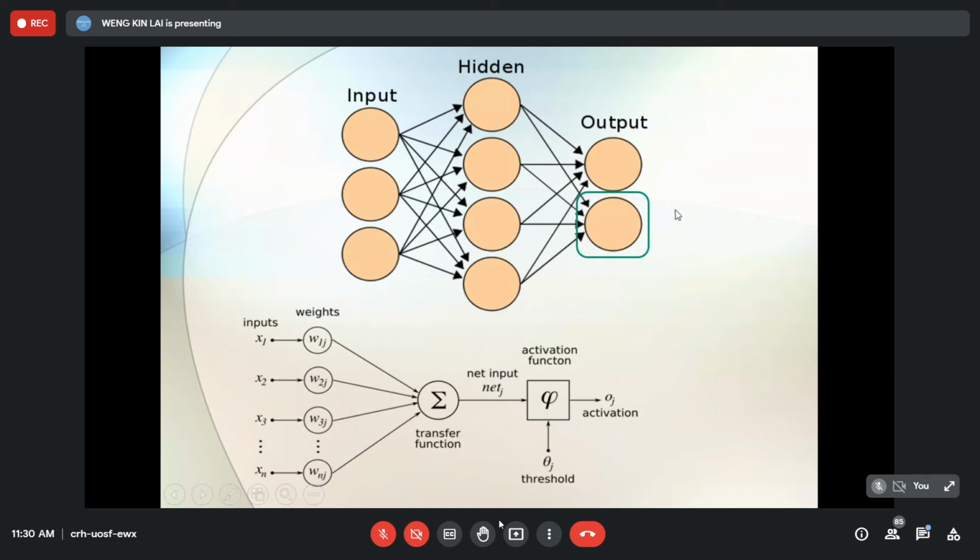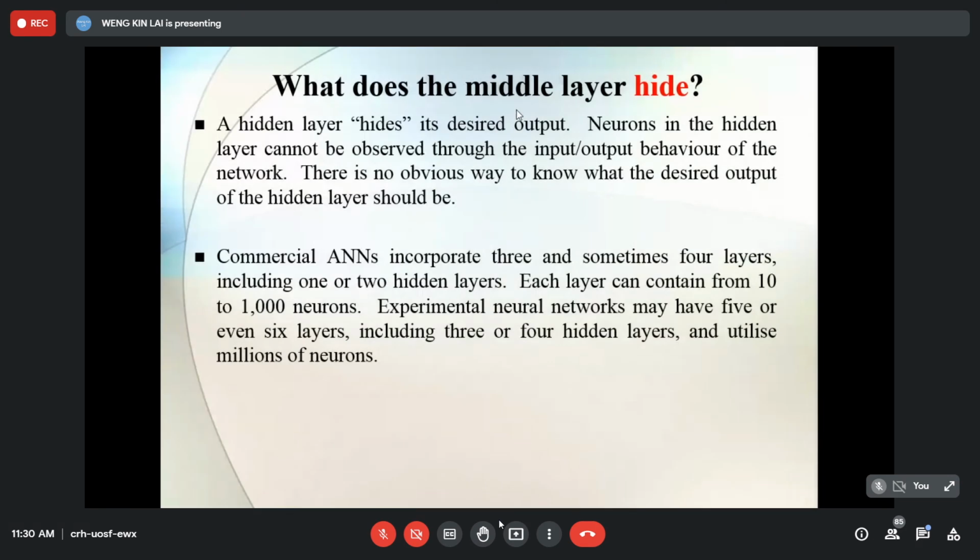I know the desired output over here. But how about here? I can also calculate the actual output, but how do I compare against the desired output so that I can calculate the error? What's the error at the neurons in the hidden layer? Because it's hidden, I cannot see it. That's why the hidden layer hides its desired output. That's why they call it hidden layer.